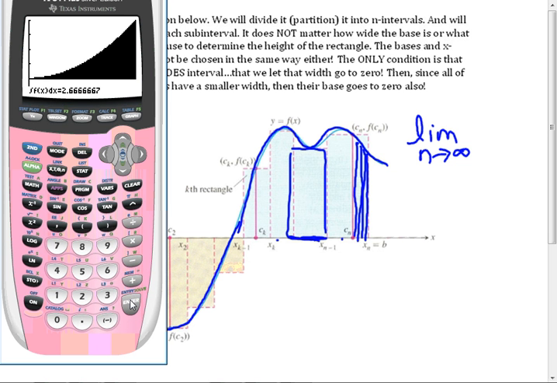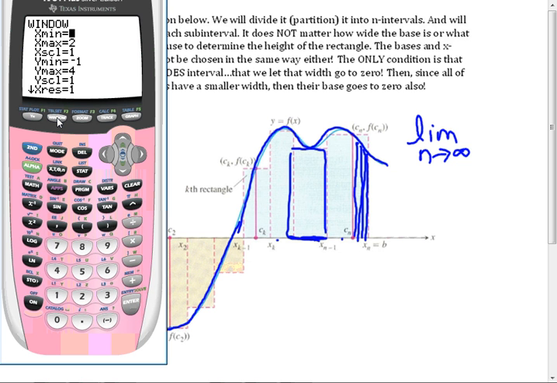I want second calculate. So my window, I just left it from 0 to 2, and then I knew that the y's go up to 4. So I'm going to clear my drawing. Let's do it again. If I go to graph, there it is, and I want to put rectangles in. With the Riemann sum program, if you put 100 rectangles, it will look like this.